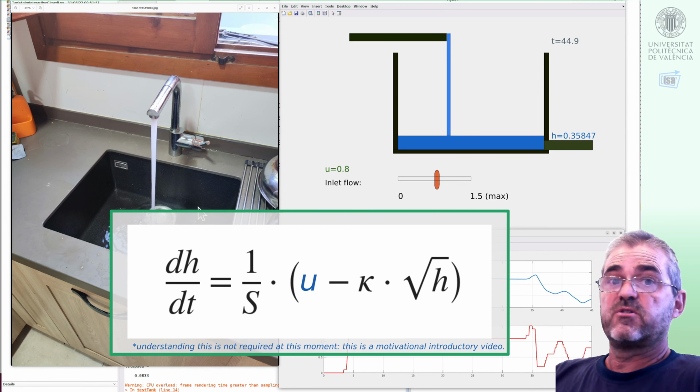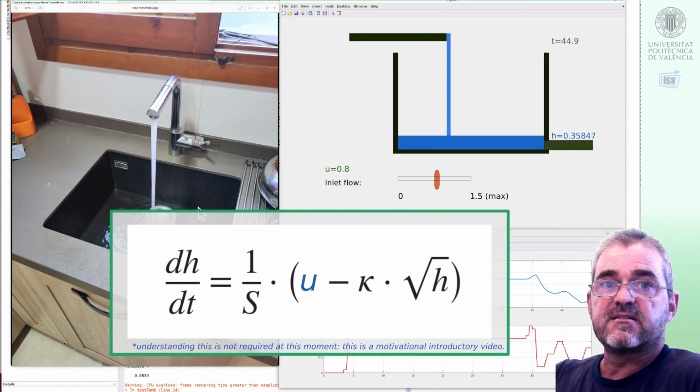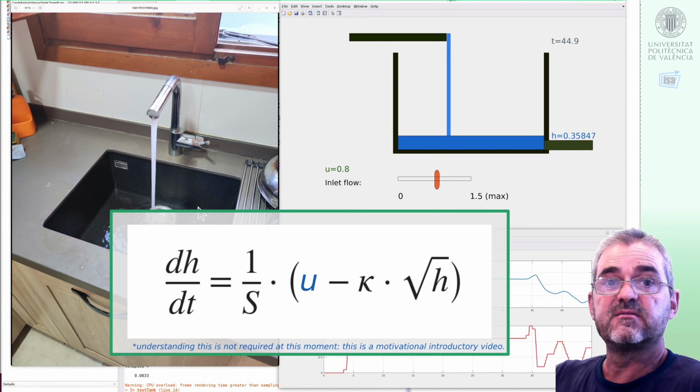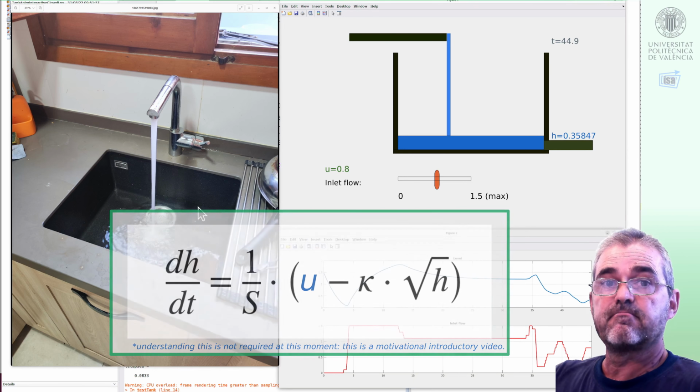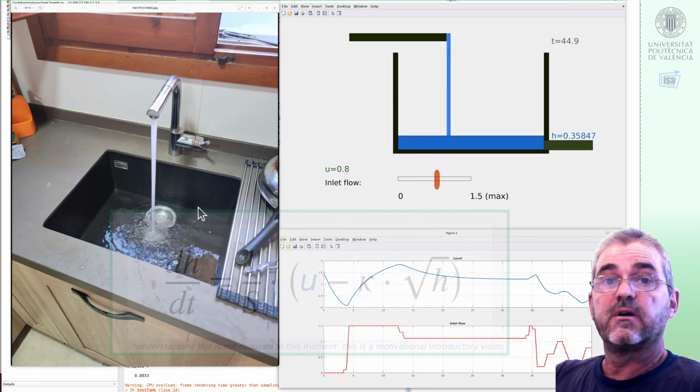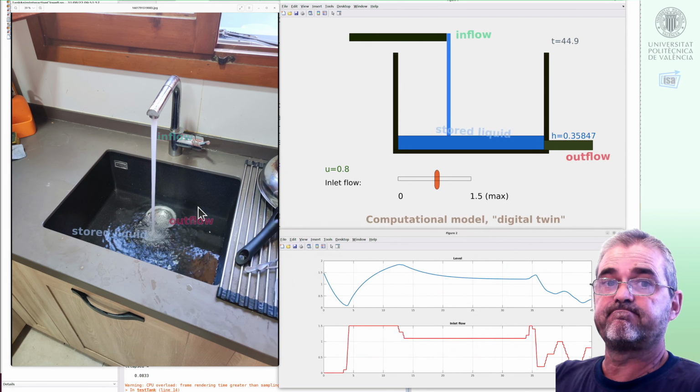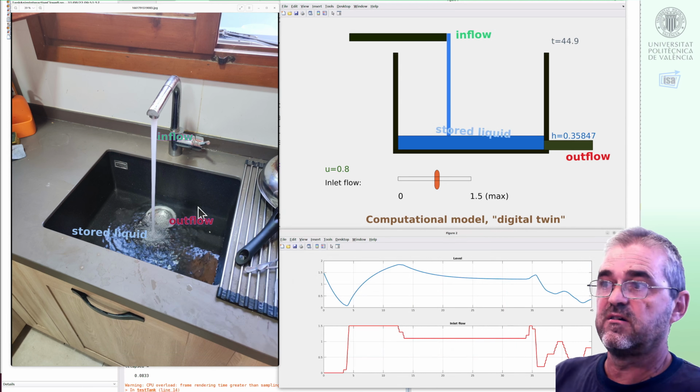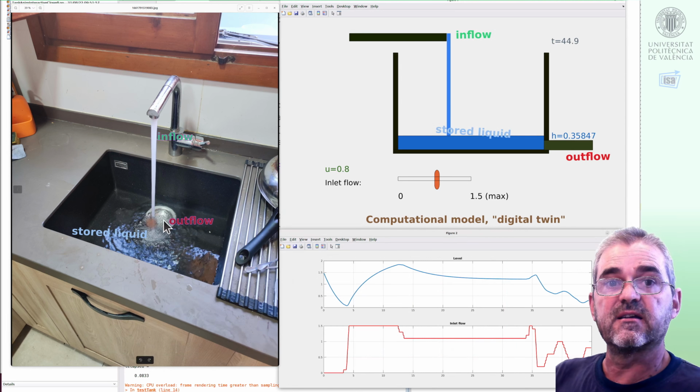Good. Then, the last third of the 20th century came, and computers were developed so that we could approximate the differential equations by so-called numerical simulations, computational models, so that we may build a sort of copy of my kitchen sink in a computer.